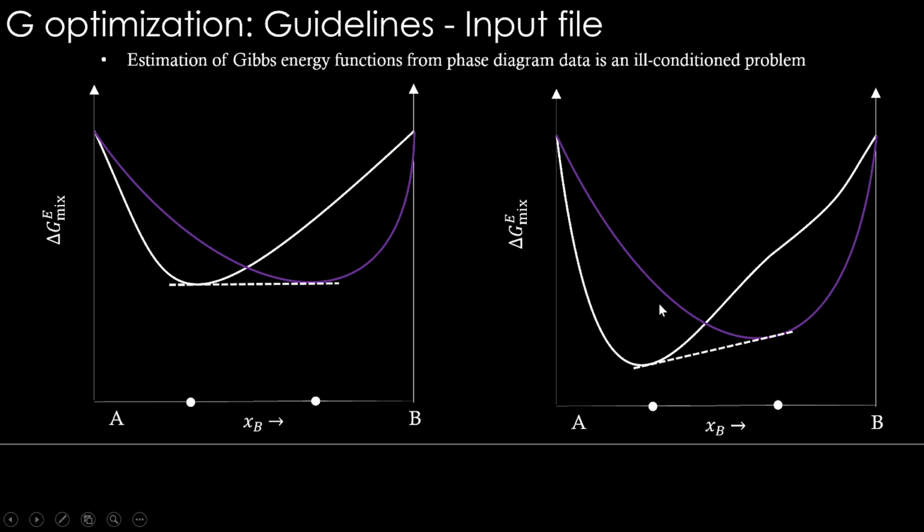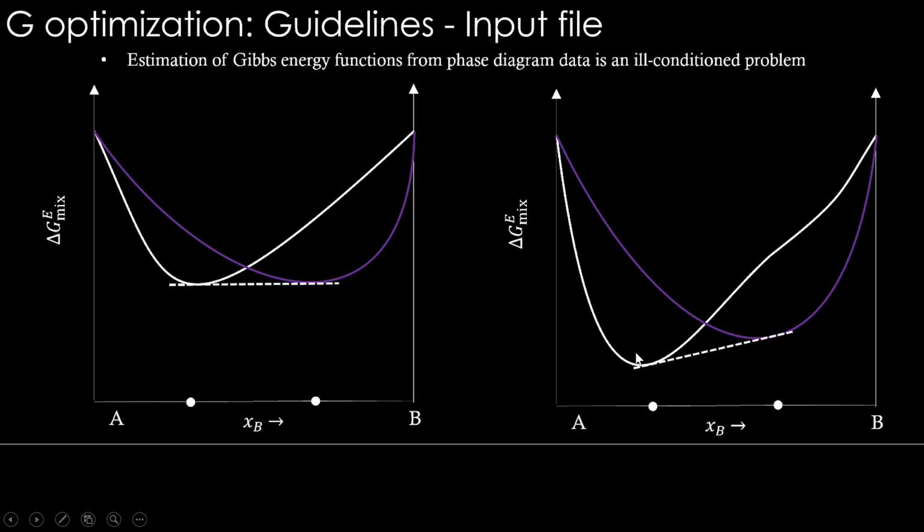If we don't use thermochemical data, we will end up with any different kind of Gibbs energy curves like this. Which L parameters to be used, how many to be used, and all those things, there are problems. Okay, so estimation of Gibbs energy functions from phase diagram data is an ill-conditioned problem due to this kind of reason. And also, if you see, a small change in this constitutional data, some kind of error, let's say, even that can cause severe changes in the Gibbs energy curves.